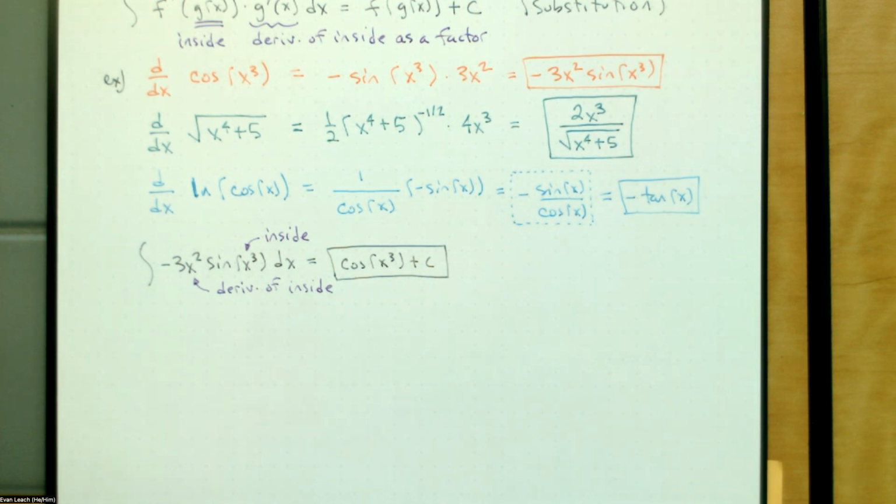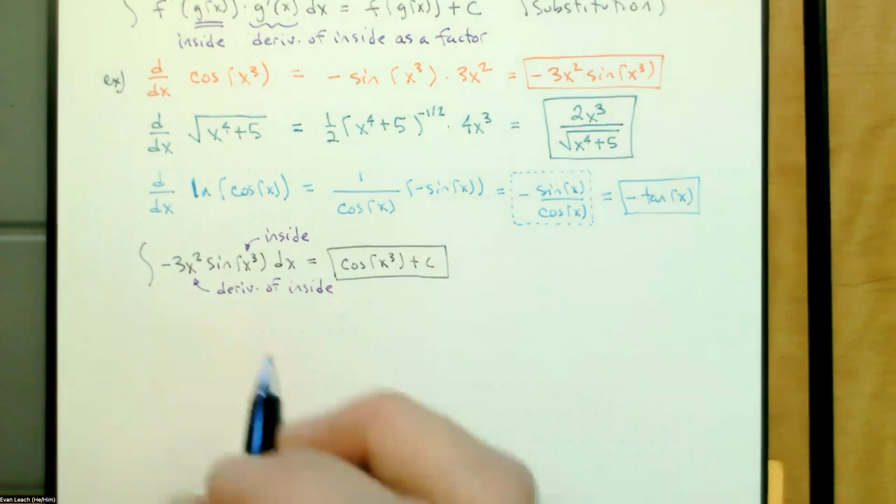The other thing that we want to notice is that the important part of the derivative of the inside is the x squared part, not the -3 constant, because that's just a constant factor, and constant factors just tag along when we're taking derivatives. So the important part is the x squared.